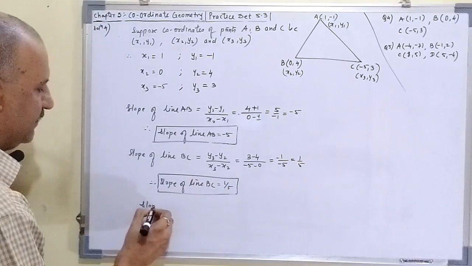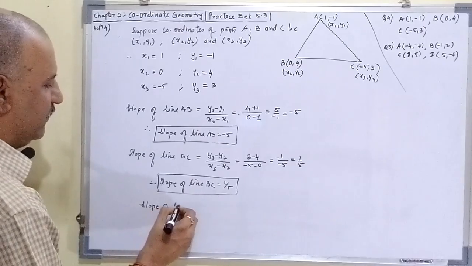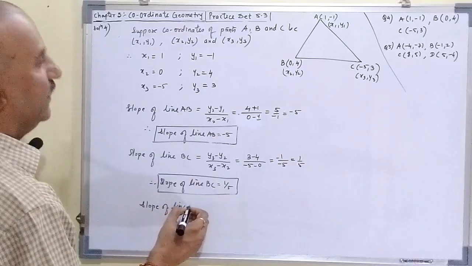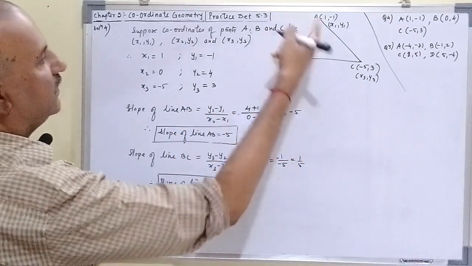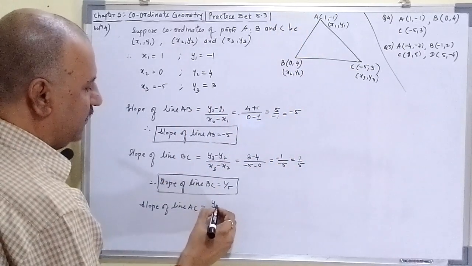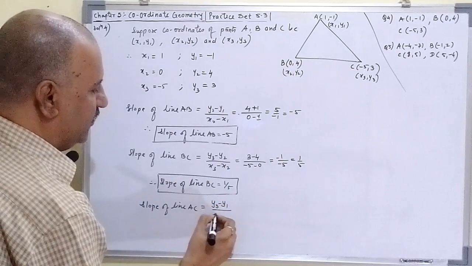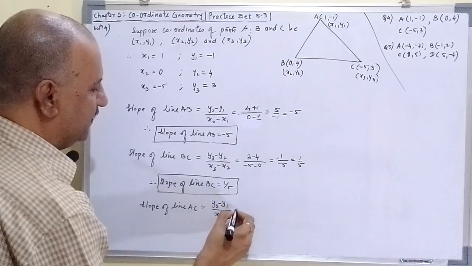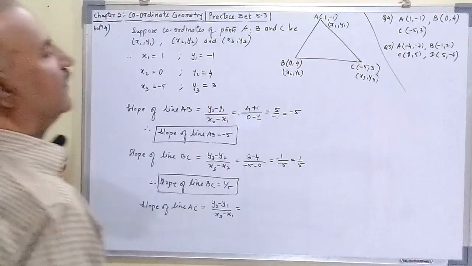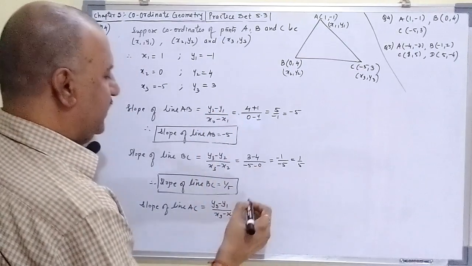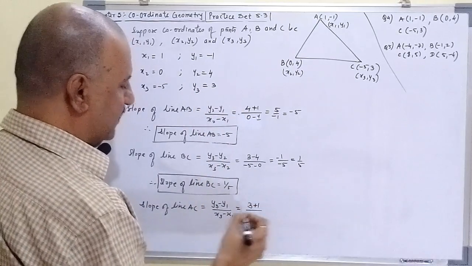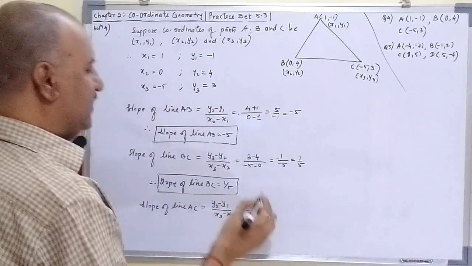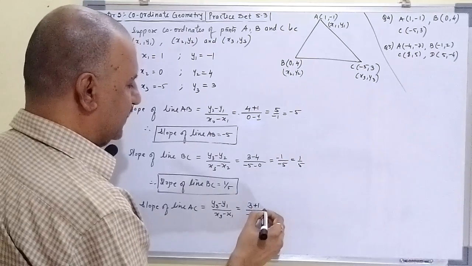Now slope of line AC is y3 minus y1 upon x3 minus x1. y3 is 3, minus of minus is plus 1, upon minus 5 minus 1.